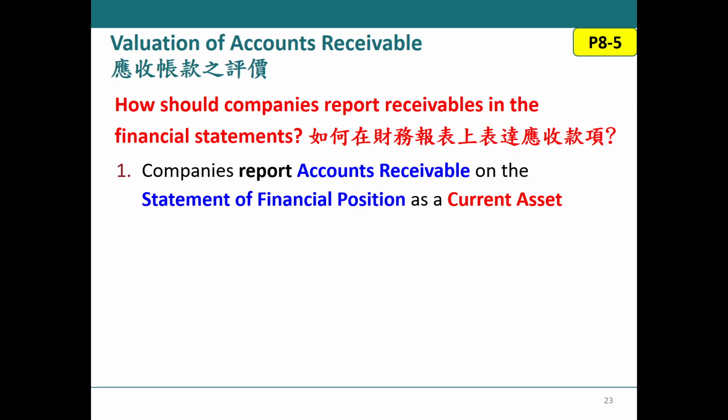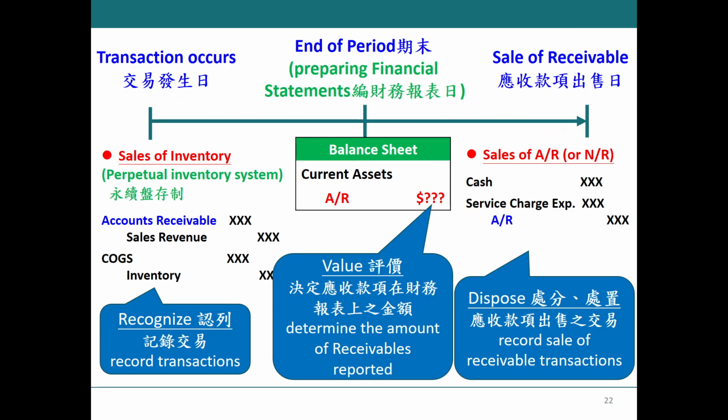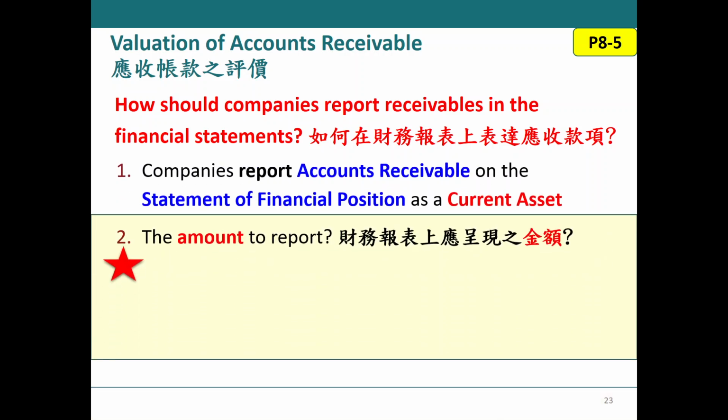Then the next question we want to ask is what? The number. What's the number we should put here, okay? How much? Accounts receivable 100. Will we put 100? Impossible, right?